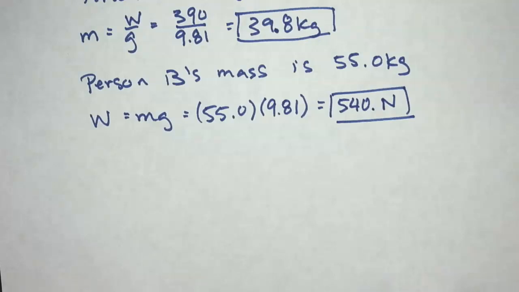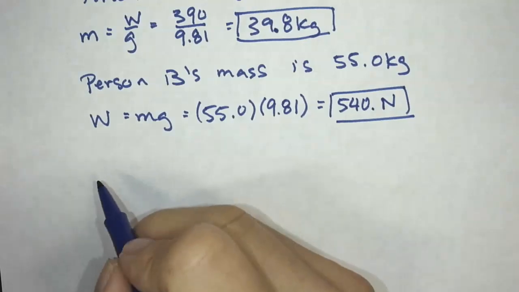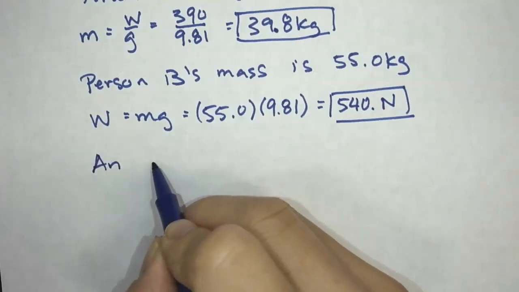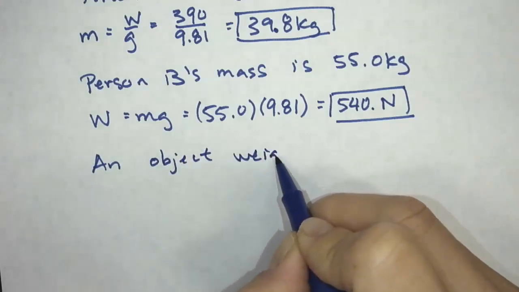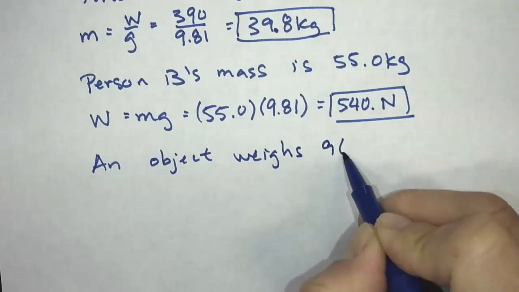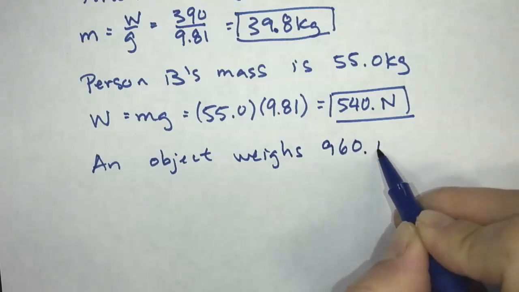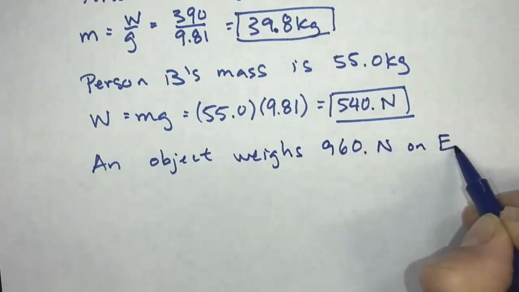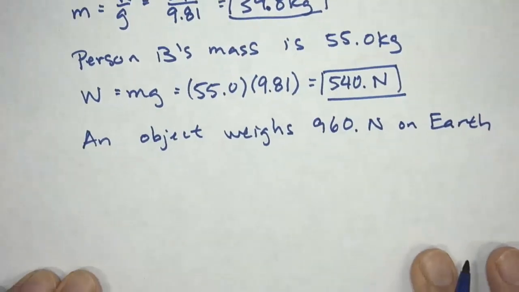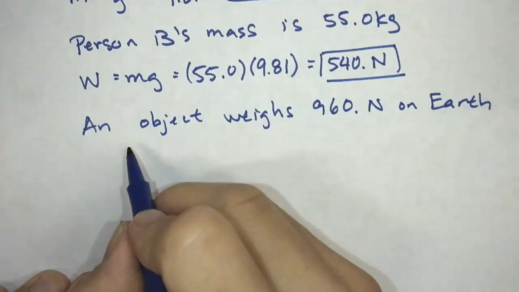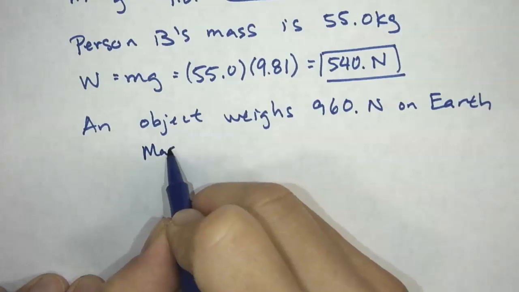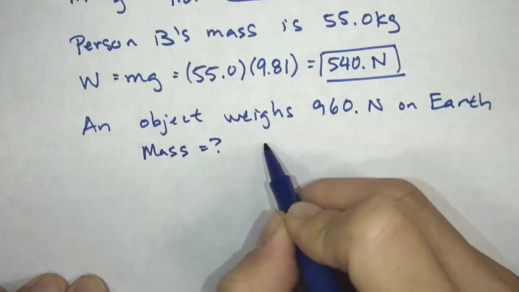All right, now let's take a look at an object that weighs 960 newtons on Earth, and we want to calculate its mass and its weight on planet X. So now we're looking for mass and weight.